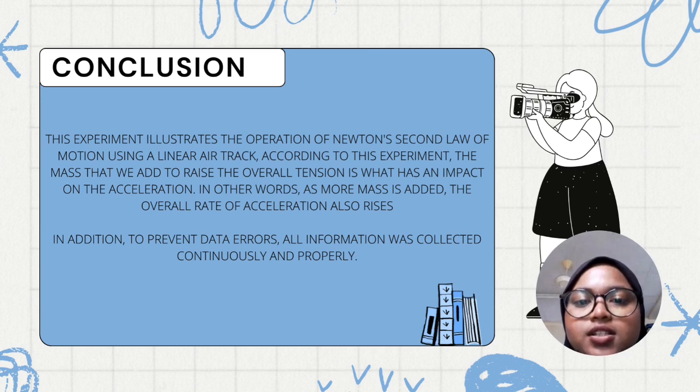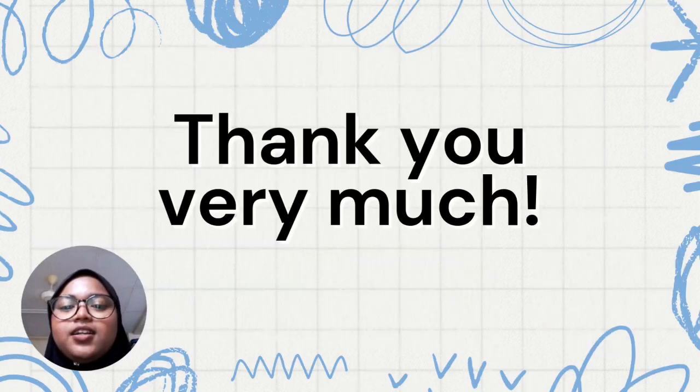In other words, as more mass is added, the overall rate of acceleration also rises. In addition, to prevent data errors, all information was collected continuously and properly. That's all from us. Thank you very much.